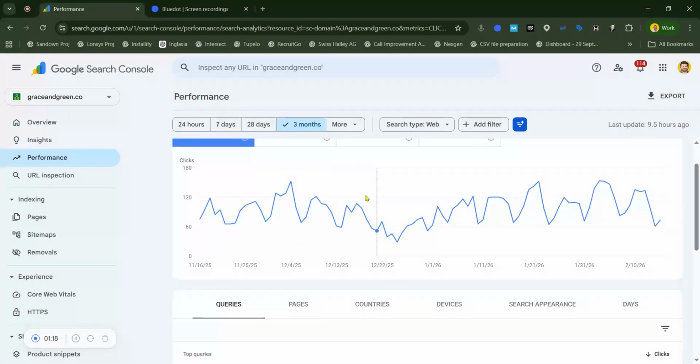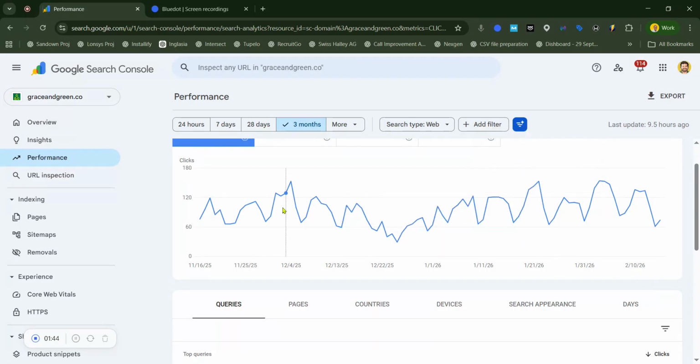Now, we are seeing the traffic for the last 3 months here, and we are seeing different points at which this traffic dropped. Sometime in November the traffic dropped, there were dips in November, then December.